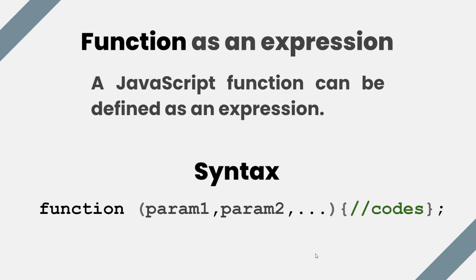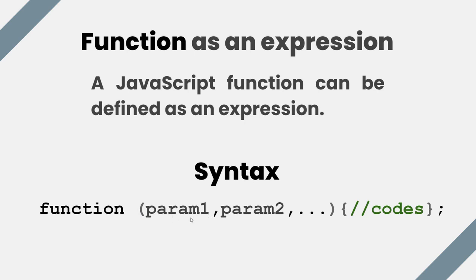Now, very briefly, we have the syntax of how this function could appear as an expression. And from the syntax here, you can see that it begins with the function keyword, which we already know about. After this, we have in brackets or parentheses the parameters.